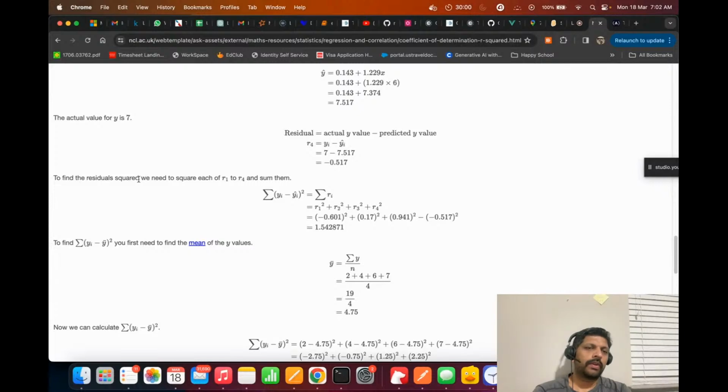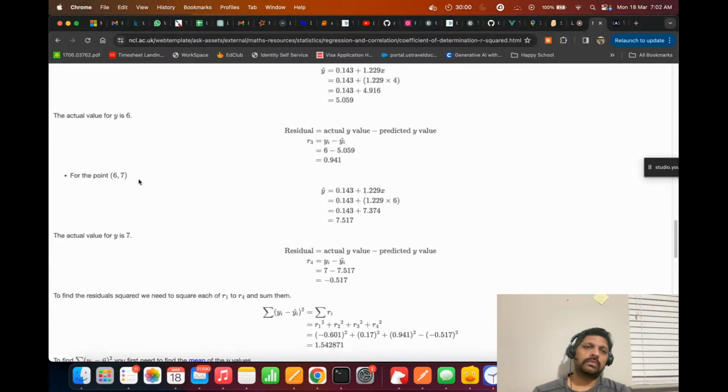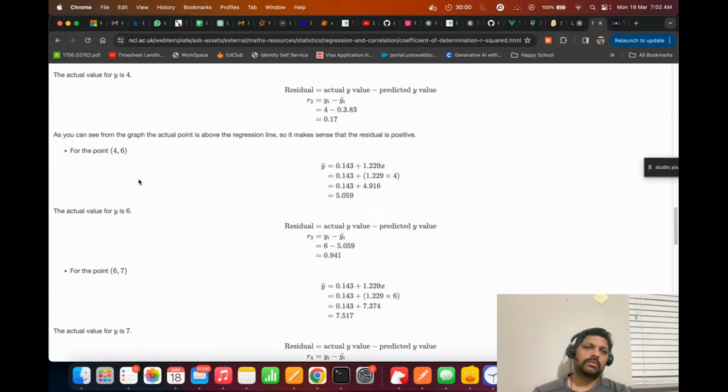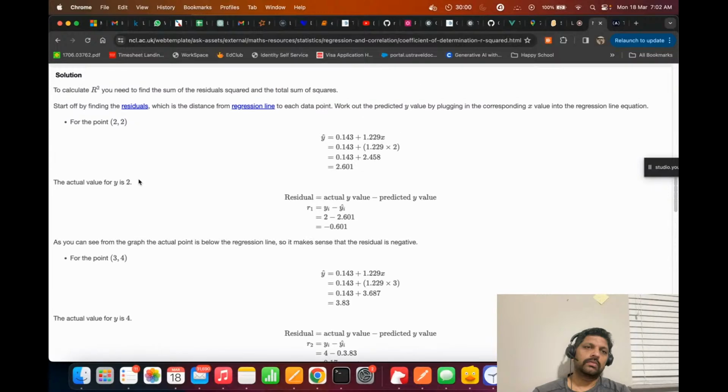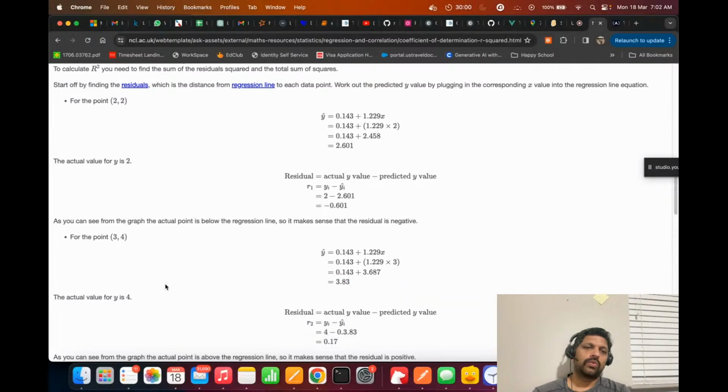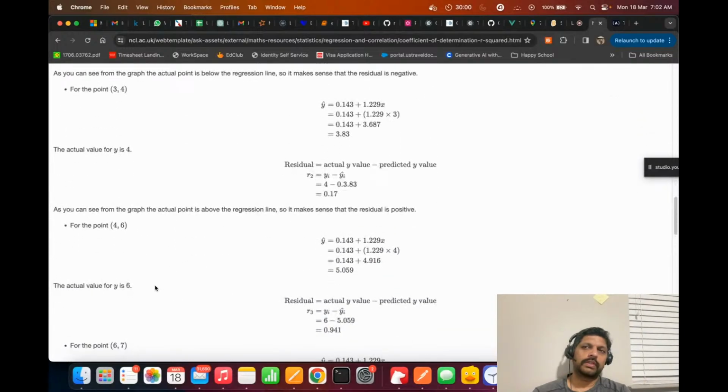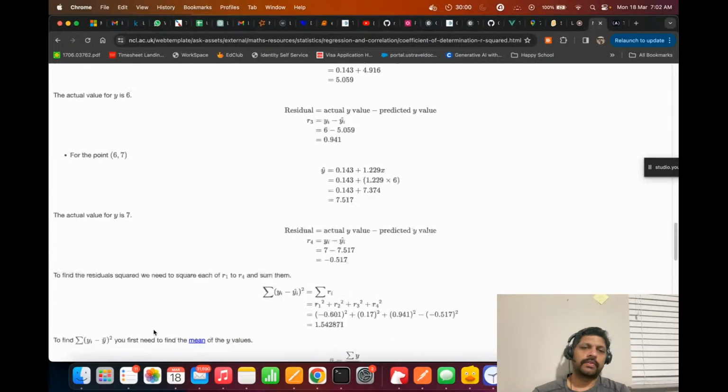To find the R square, you first need to find the mean of the y values: 2, 4, 6, 7.